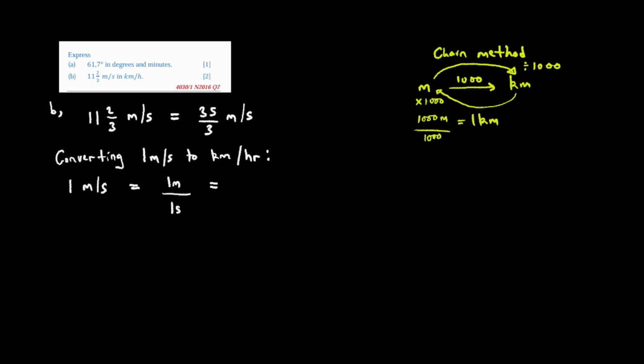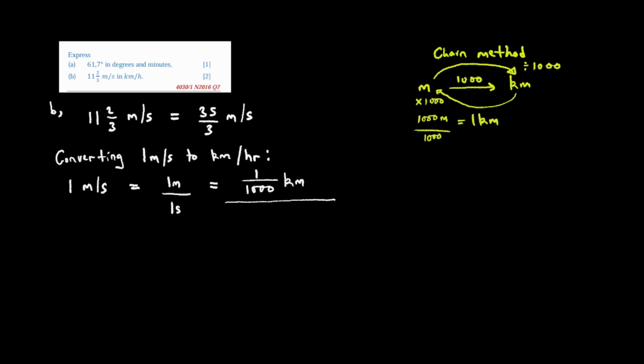Correct here, it's going to be 1 meter. What we write is 1 over 1000 kilometers. You have converted 1 meter to kilometers. Then here, it's over. What about 1 second?